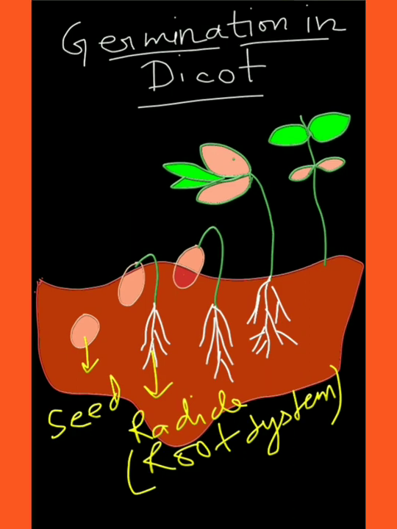But the main difference between monocot and dicot is that, as we know, dicot has 2 cotyledons and monocot has 1. And in case of dicot, the cotyledons are pushed above the soil. As you can see, it is coming out from the soil.